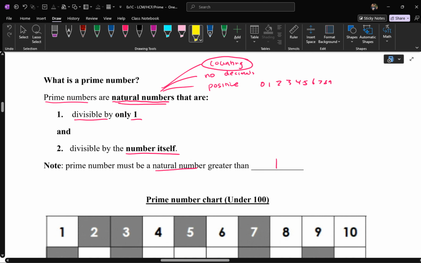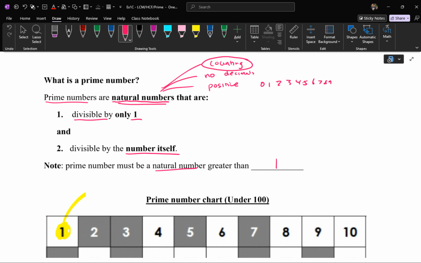The biggest misconception is a lot of students think 1 is a prime number. It is not. Why is 1 not a prime? Anyone know? Explain to me. Why? Liam? Because prime numbers have two factors that can divide it, and 1 only has 1, which is itself. Very good. So remember, it says it has to be 1 and itself. There are two conditions there.